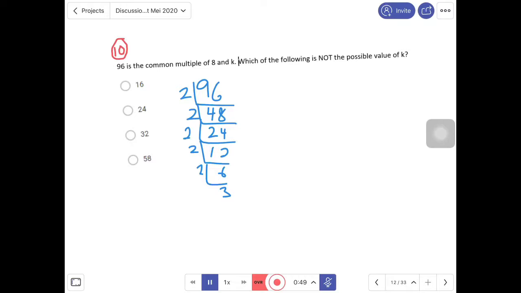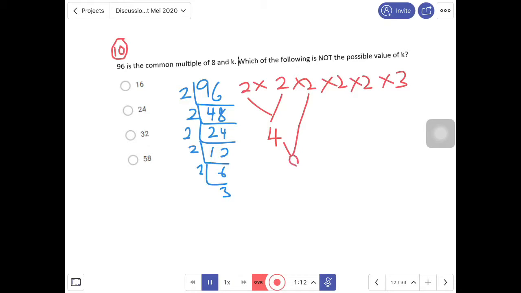Another step that we can do is by doing like this: 2 times 2 times 2 times 2 times 2 and times 3, and then 2 times 2 is 4. So 4 is one of the factors of 96, and then 4 times 2 is 8.